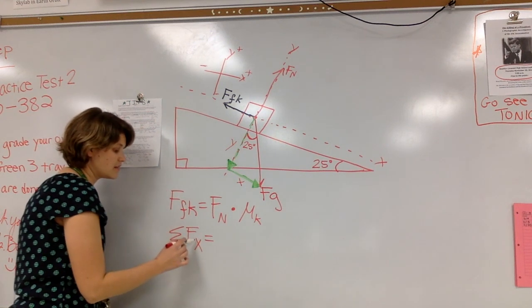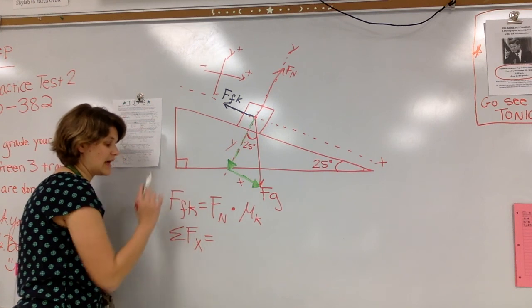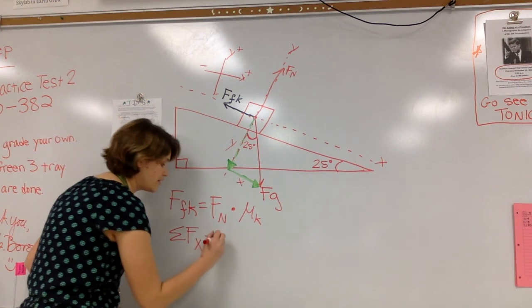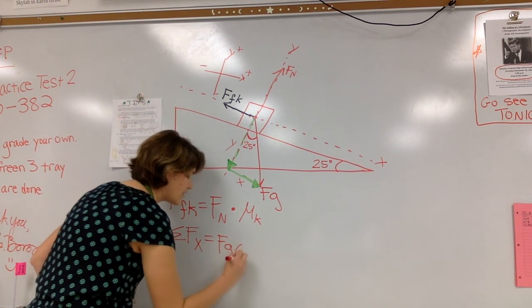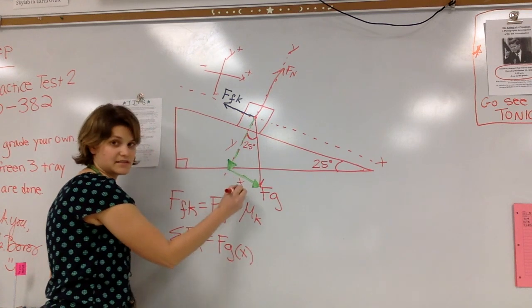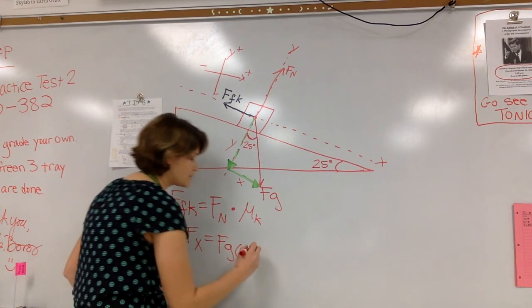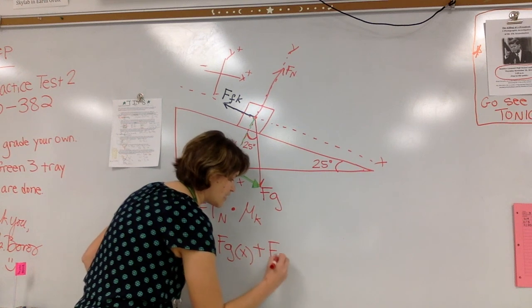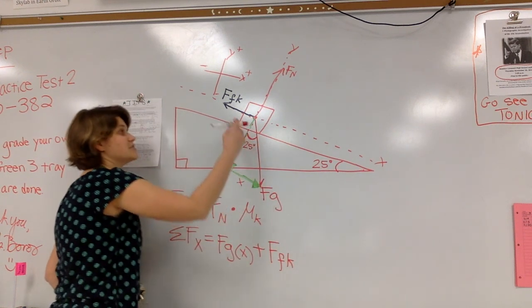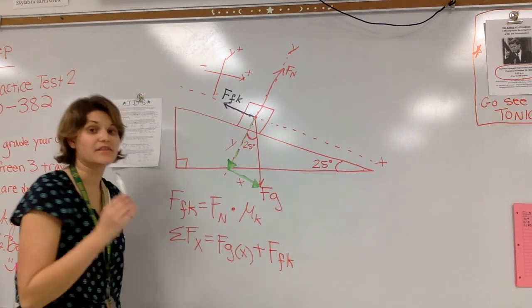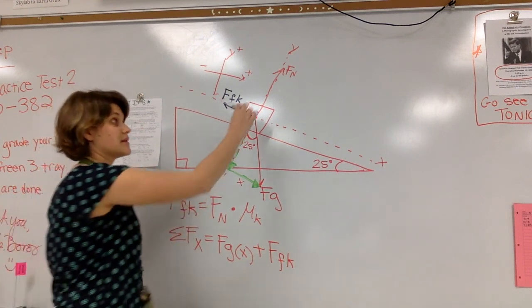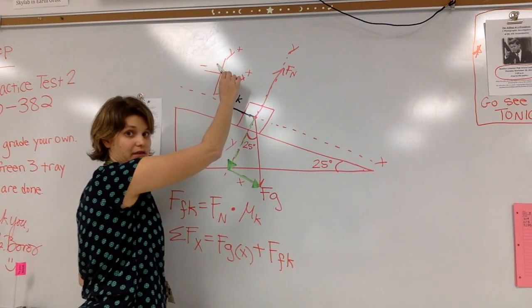So that means that the two forces that are acting in the x direction are Fg in the x direction, so that's this component right here, plus my force of kinetic friction, which is this component right here, and remember that is a negative number because it's acting this direction. It's going in the negative direction.